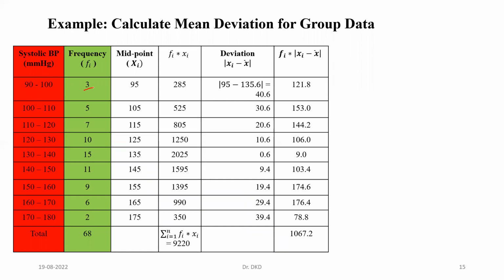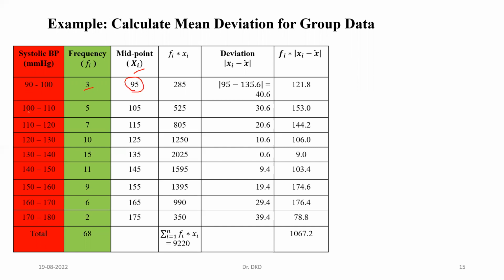First step, we have to calculate the mean. How will we calculate the mean? Because fi is given, we need xi. So midpoints are required. For midpoints we calculate lower limit plus upper limit divided by 2. Here 90 plus 100 divided by 2 gives 95.